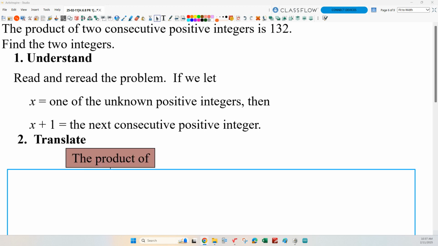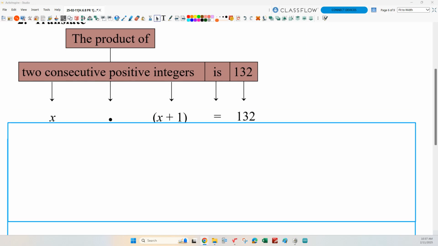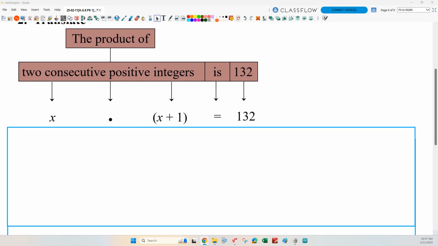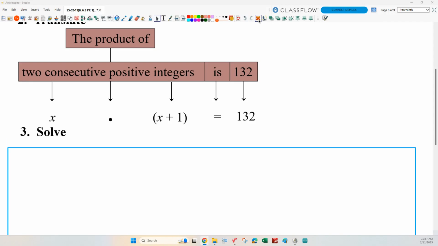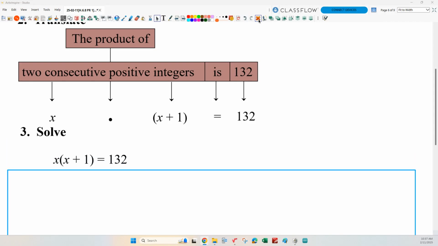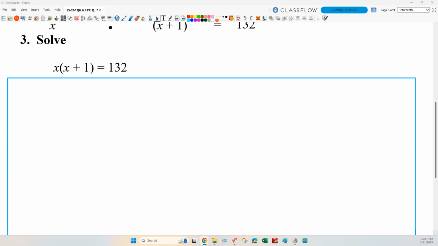So doesn't that give us the equation x times x plus 1 equals 132? Everybody agree? Good. So we're solving the equation x times x plus 1 equals 132. Now we shift into algebra mode. We don't have to think about the application for a while. We're just going to shift into algebra mode and solve this thing. What do we do?